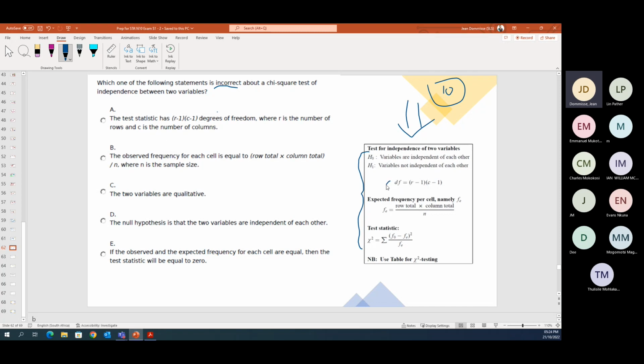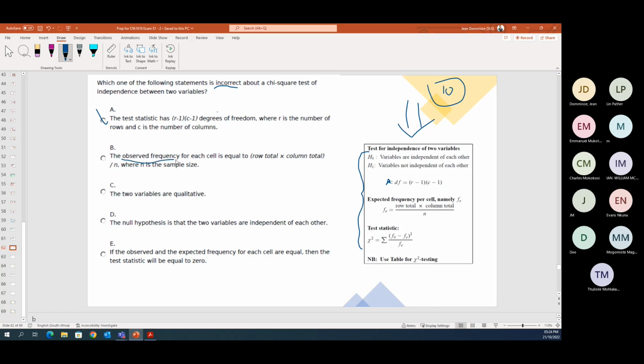Okay, so that is A, correct. We're looking for the incorrect one. The observed frequency of each cell is equal to row total times column total divided by n.